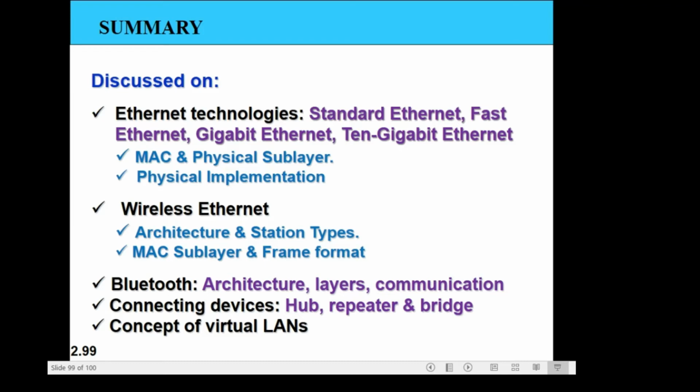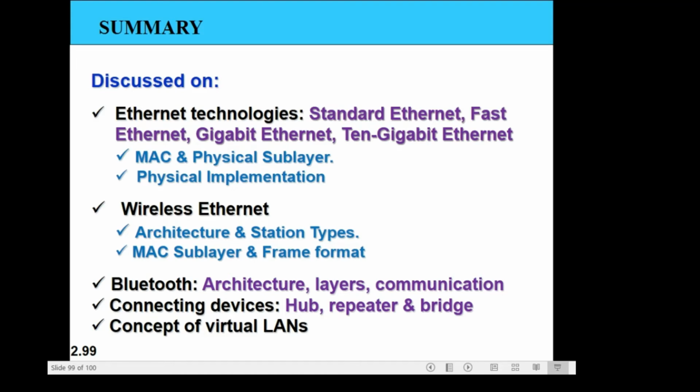And then under the connecting devices, there are several devices. We have the hub, we have the repeater, the hub, we have passive, we have active, and then we have the repeater, we have the switch, 2-layer, 3-layer, and then we have the bridge, and also the concept of virtual LAN.